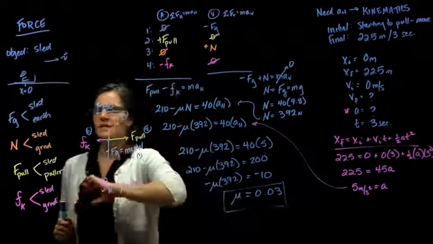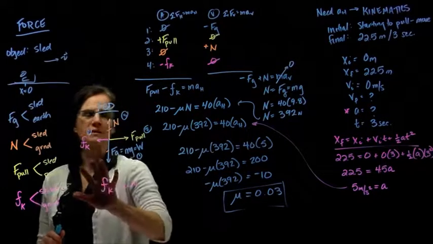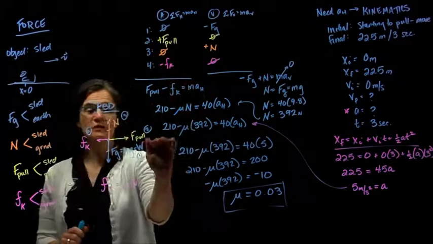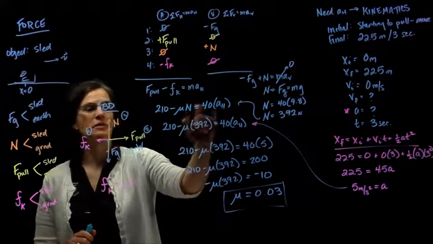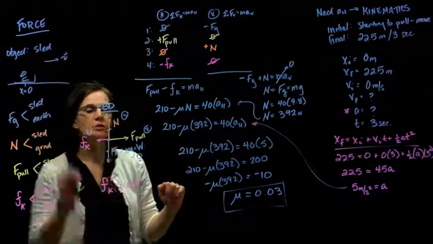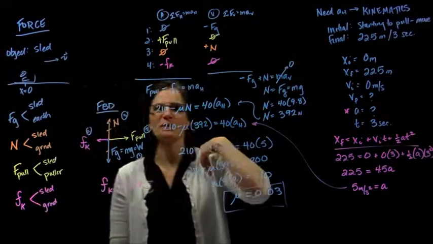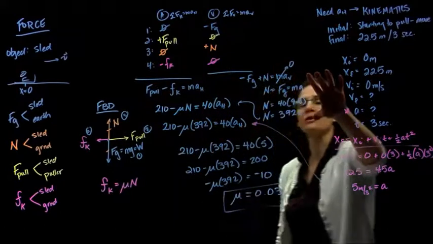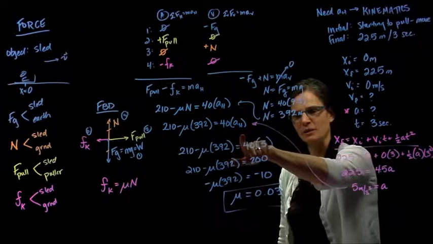So, we needed our coefficient. That's a force. Look at the force analysis. In the horizontal direction is where that friction is acting. We realize we are missing both the acceleration horizontally and the normal force. The normal force is related to the vertical motion because it's acting in the vertical direction, so I can use my vertical forces to get that normal force, but I'm still missing the acceleration.